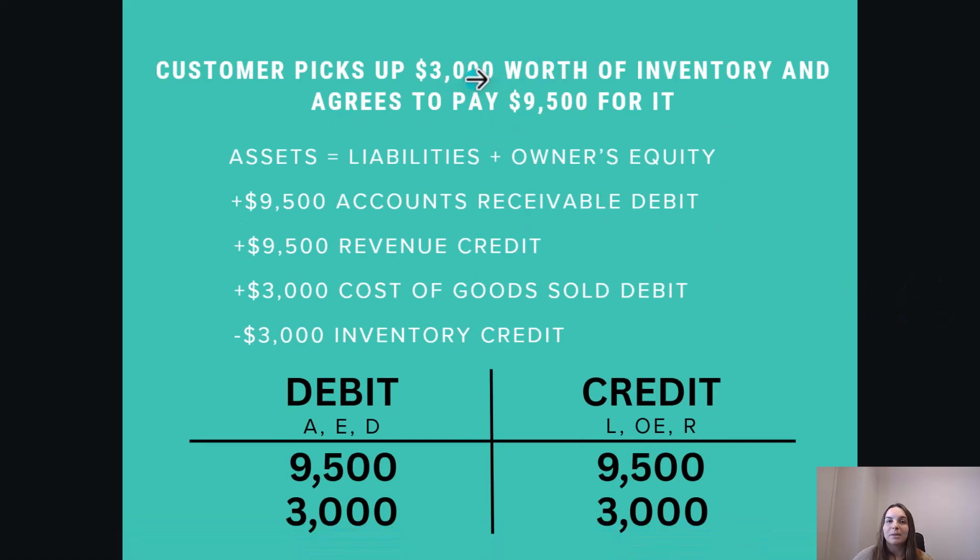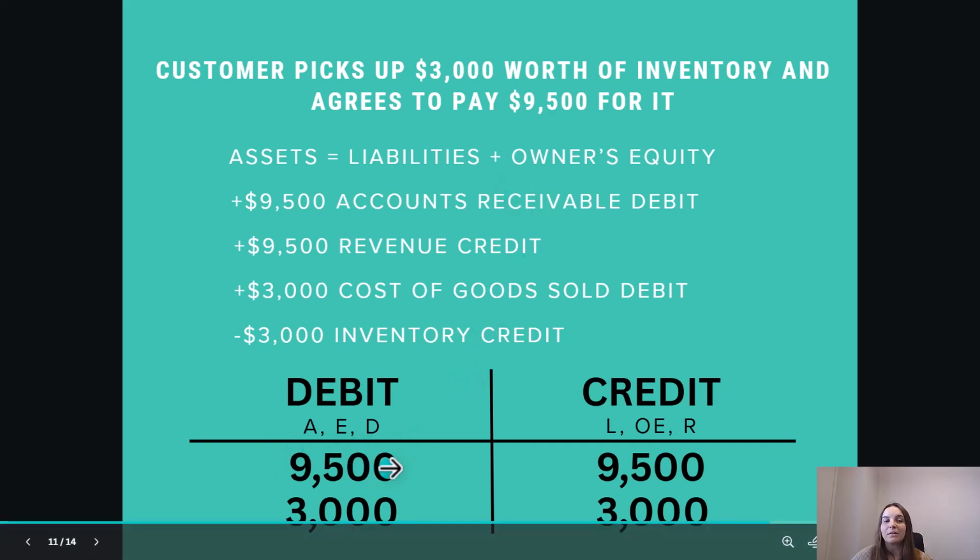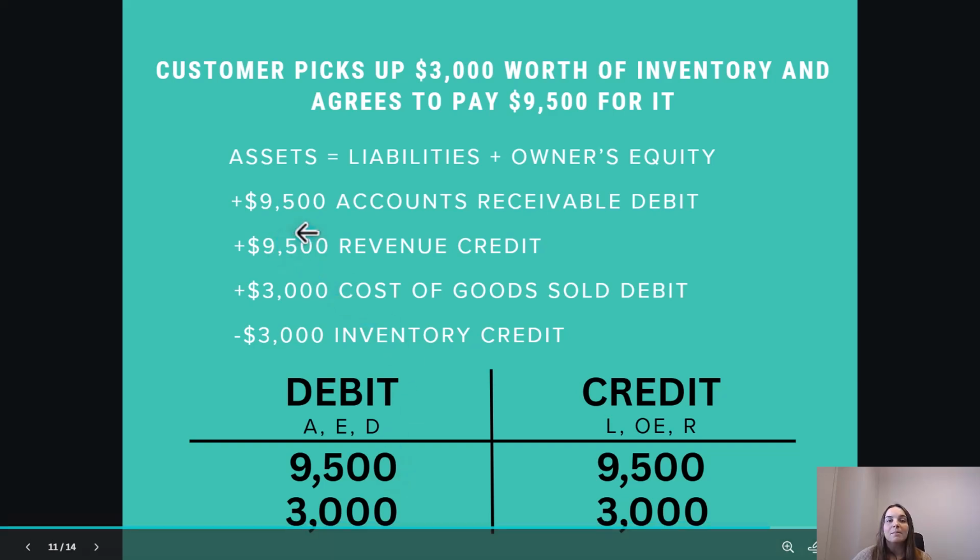The customer picks up $3,000 worth of inventory and agrees to pay $9,500 for it. So remember, we're going to increase accounts receivable. This is an asset. Assets have a normal debit balance, so we have our $9,500 debit. We're going to increase revenue. Remember, revenue has a normal credit balance. Because we're increasing it, we are going to credit it.